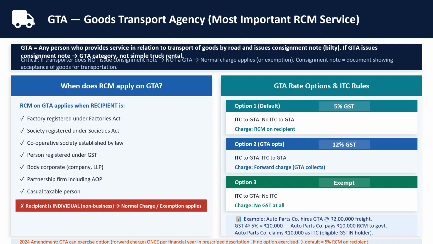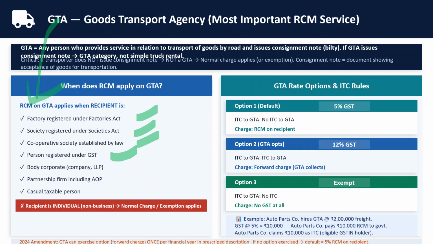Now I'm going to explain GTA, because in RCM there are a few complicated concepts, and one of them is GTA, the Goods Transport Agency. When does RCM apply to GTA? RCM applies to GTA when the recipient is a factory, society, cooperative society registered under GST, body corporate, partnership firm, or casual taxable person, because GTA provides services to these persons.